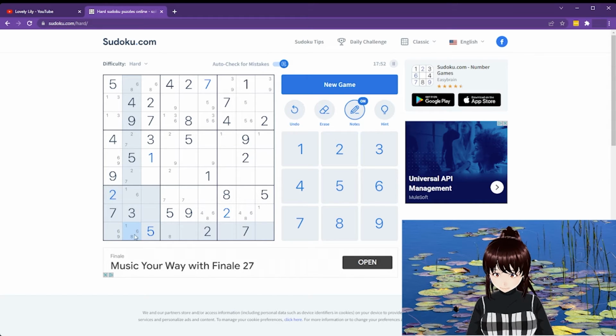There's a temptation here. And the temptation is that this is a 6 and an 8. This is a 1 and an 8. The temptation is to think that this might be a 1 and a 6. But it's not, because this could also be a 6 and an 8 pair, and then this 1's the odd man out. So it's not.